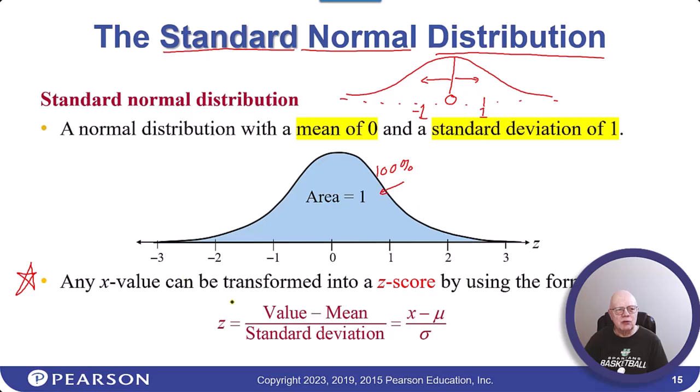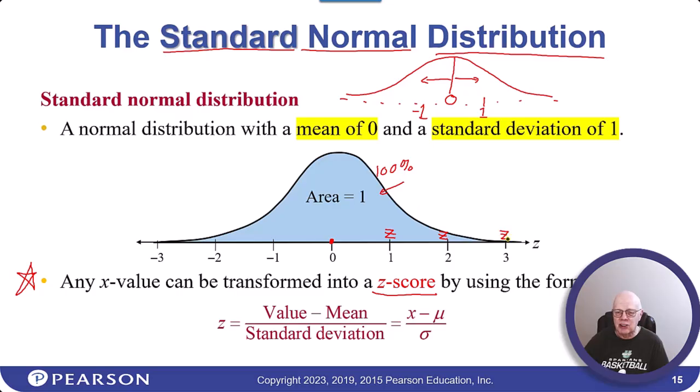For this standard normal distribution, we work with something called z-scores. And each of these z's corresponds to a standard deviation. So if we start in the middle at the mean, go right 1 z, that's 1 standard deviation. If you go right another standard deviation, you're at a z-score of 2 and a z-score of 3, and so on.